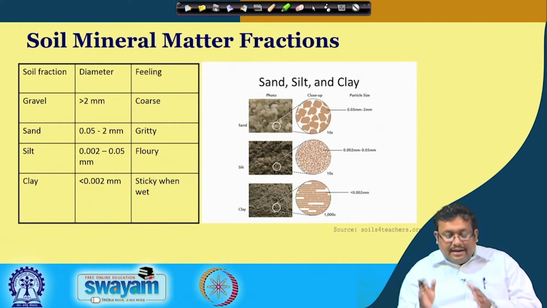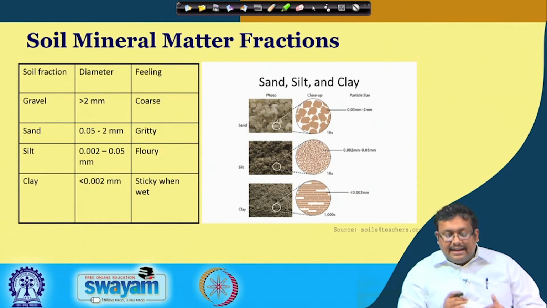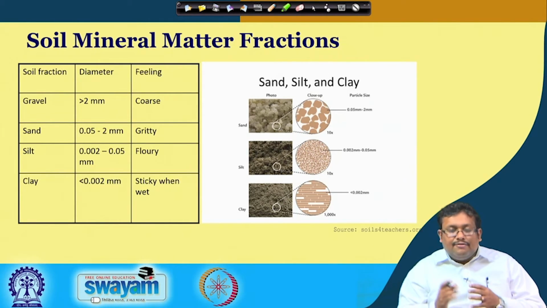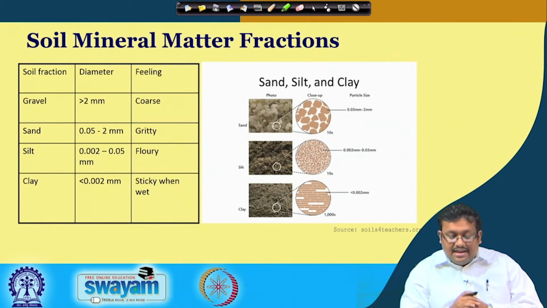And in the right picture, I have shown you the relative sizes of sand, silt and clay. As you can see, clay fractions are very fine, less than 0.002 millimeter, and we need high magnification, almost 1000 times, to see them here.